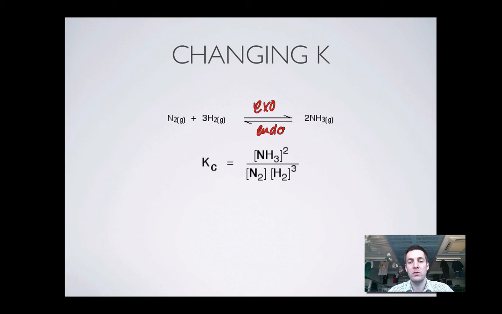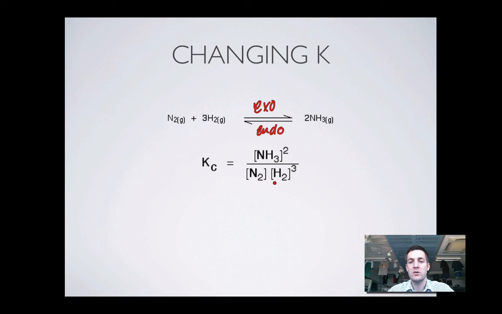If I heat this reaction up, the endothermic reaction is favoured. You should remember this from our temperature principles film in the past. So the endothermic reaction will be favoured. We'll get more reactants and less products at equilibrium, and so the value of Kc will fall.